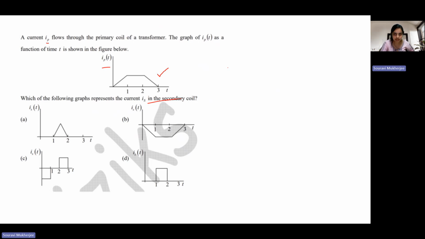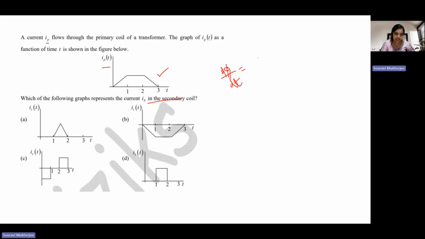So if we have to find d phi dt, d phi dt is what results in the EMF, which results in the secondary current. So d phi dt is coming because of the changing primary current.